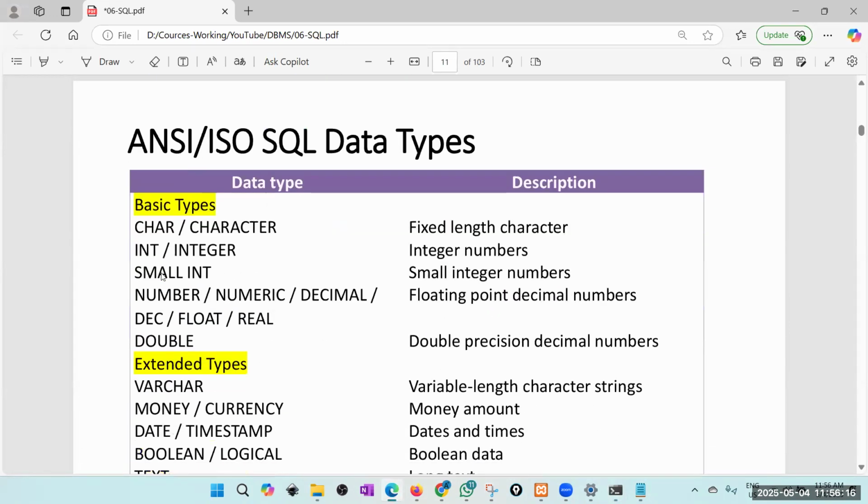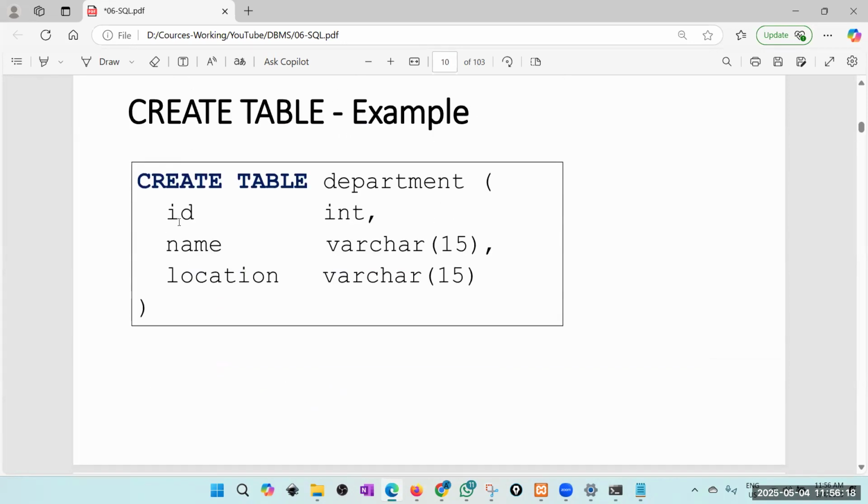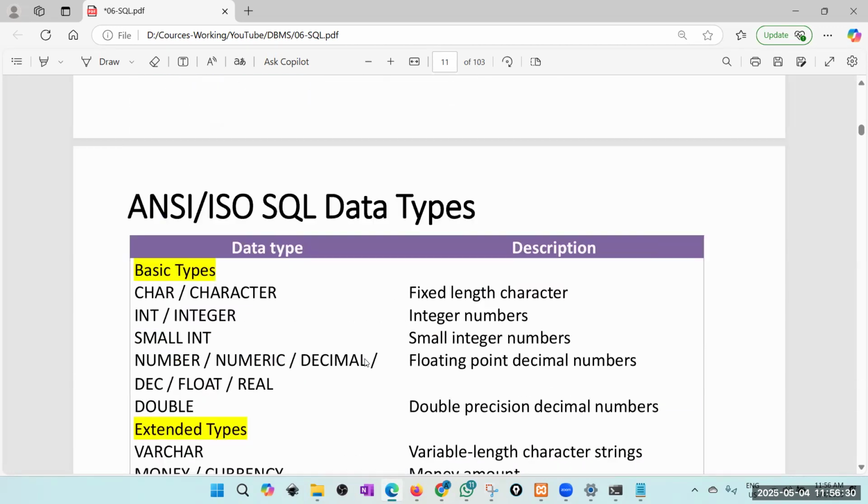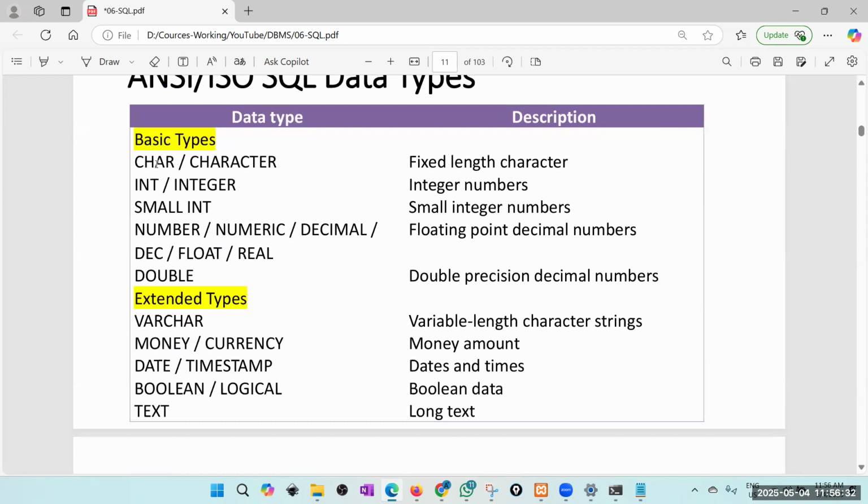So remember, whenever you create a table for each and every data field, you need to give the data type. And American National Standards Institute has standardized the data types. These are the standard data types like char, character. But unfortunately, vendors use so many other different types.